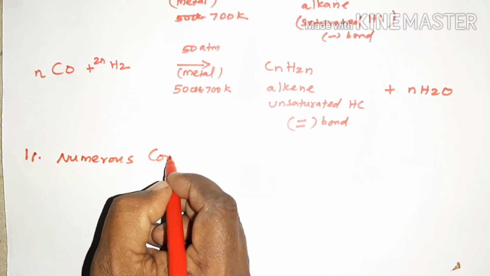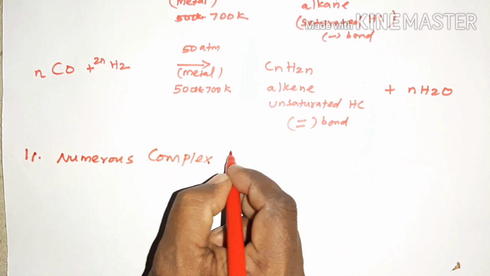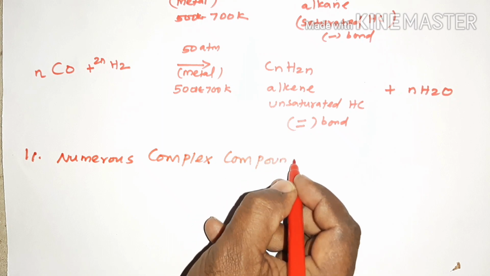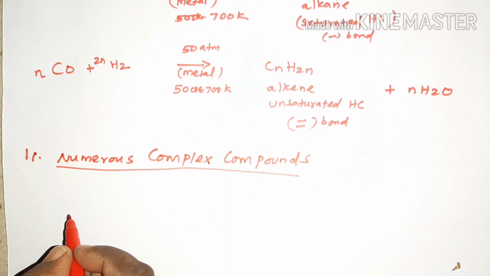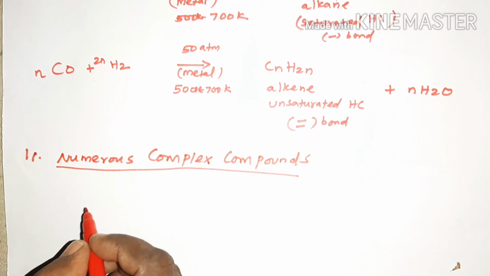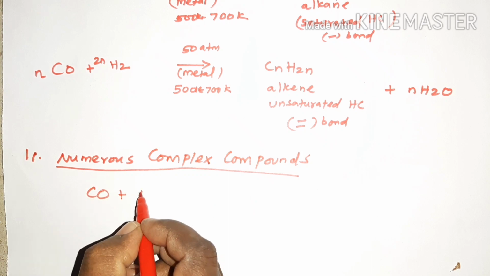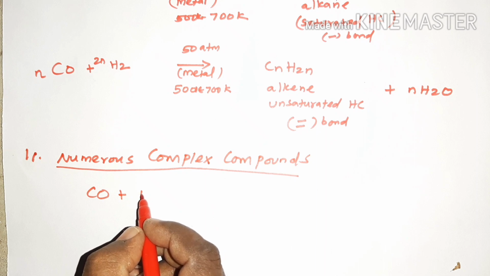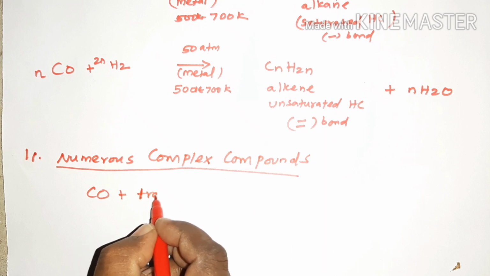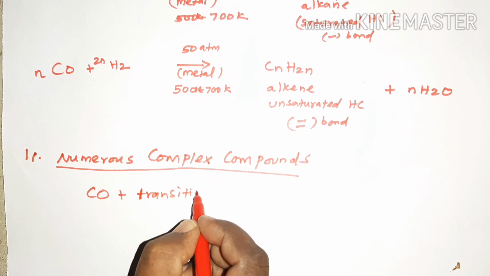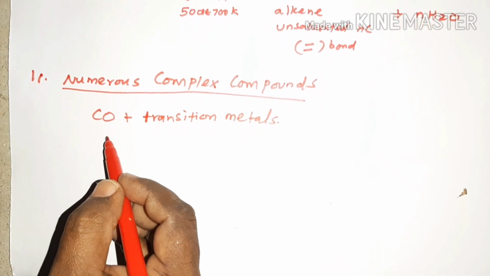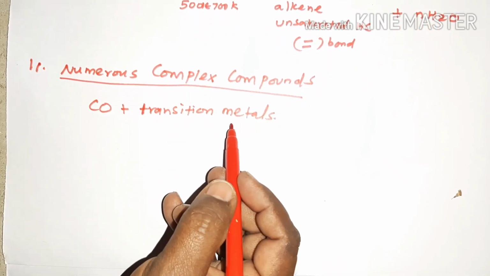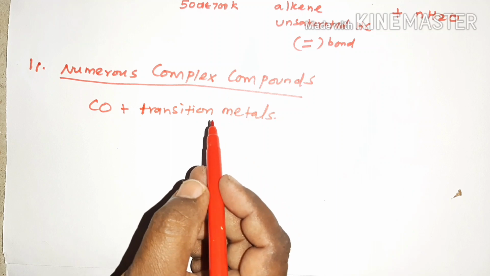How is it formed? When carbon monoxide is reacting with transition metals, it is forming numerous complex compounds.